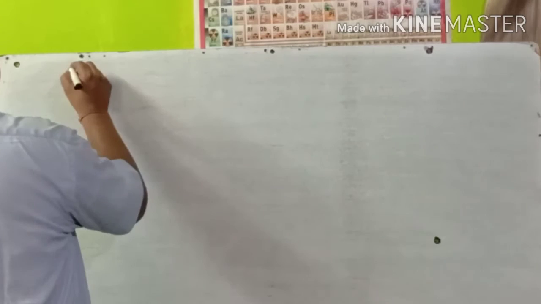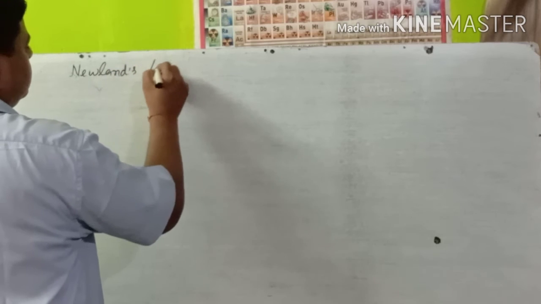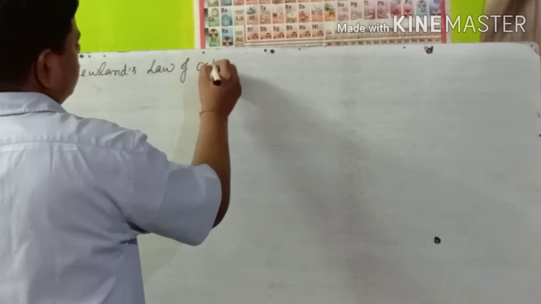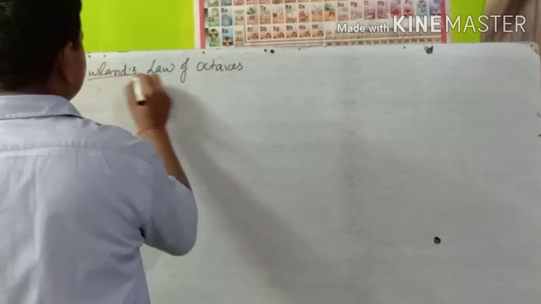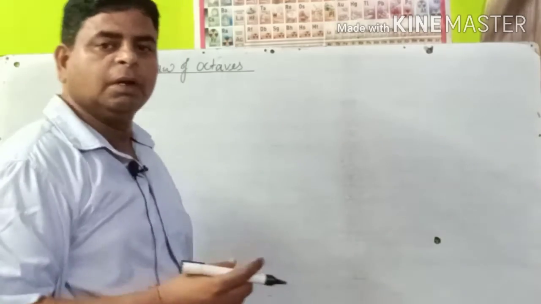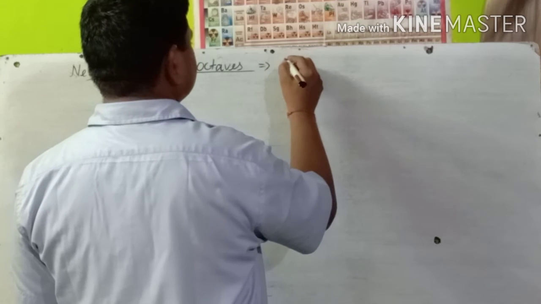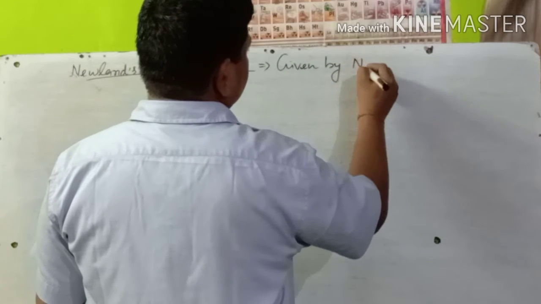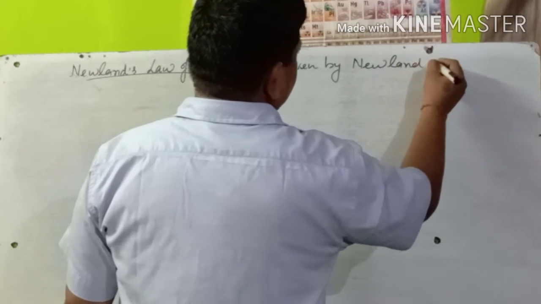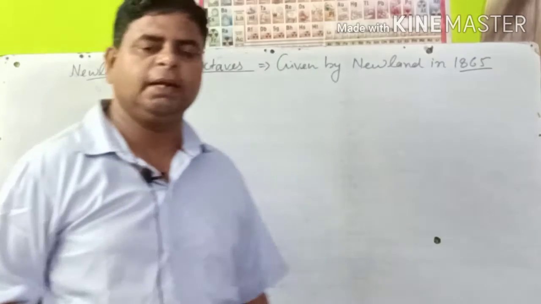Next classification is Newland's law of octaves. This law was given by Newland in 1865. Newland was an English chemist.